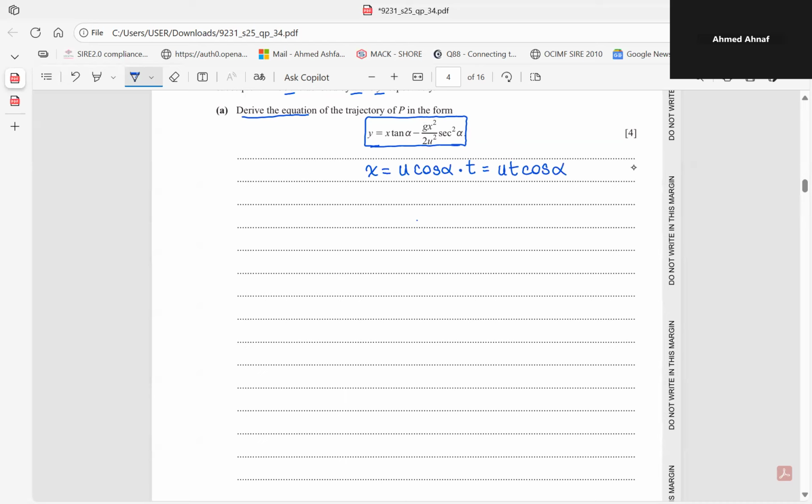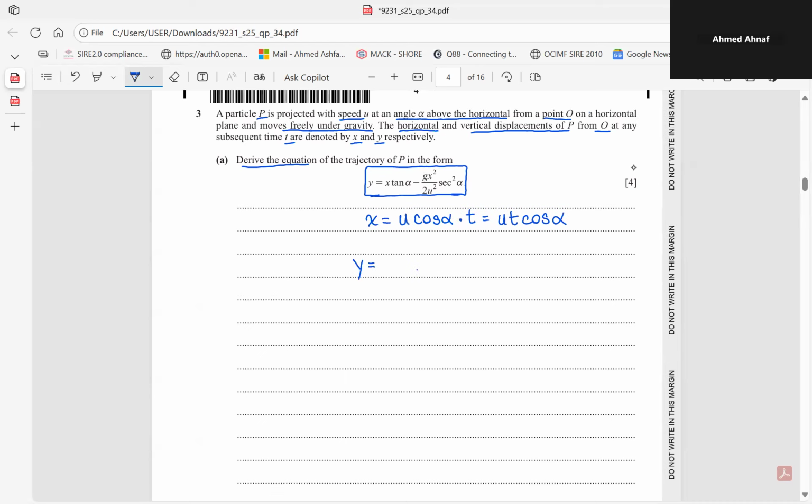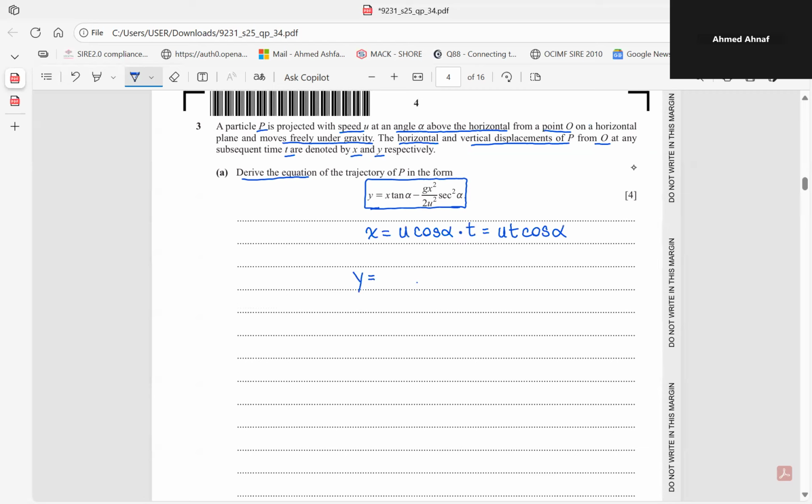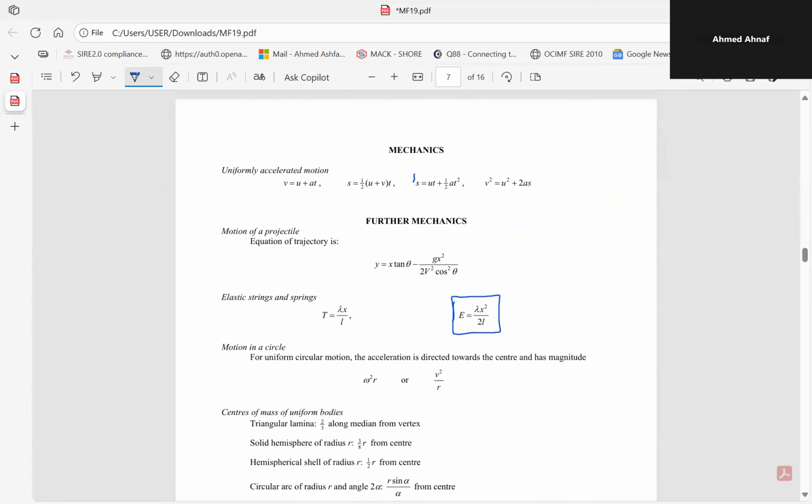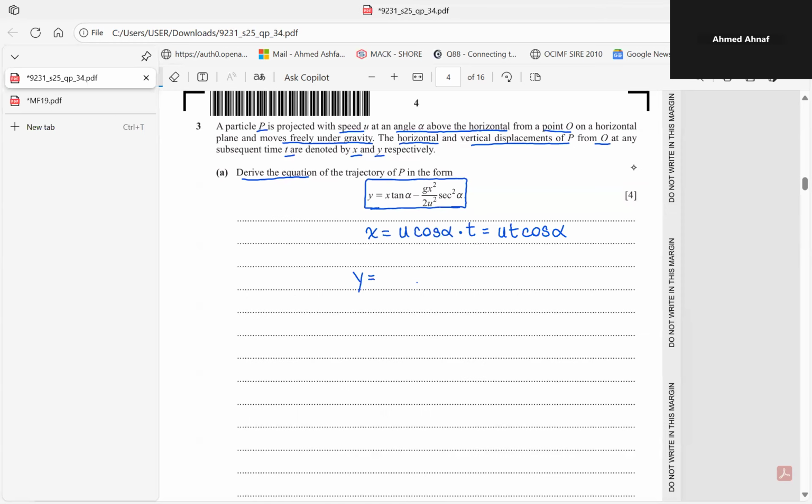Okay. And then as for y, to find the displacement of y, since the weight acts vertically downwards, the particle P will be experiencing constant acceleration vertically. So we have to use one of the SUVAT equations that has s in it as well as t. And so far, this is the only equation we can use: s equals ut plus half at squared.